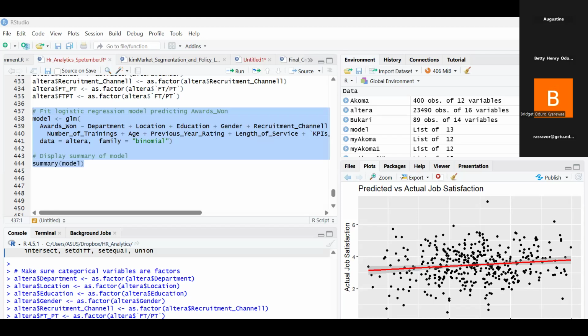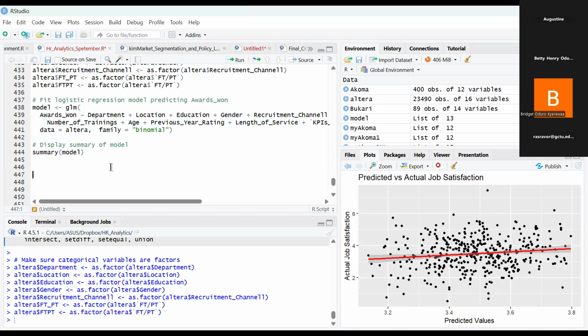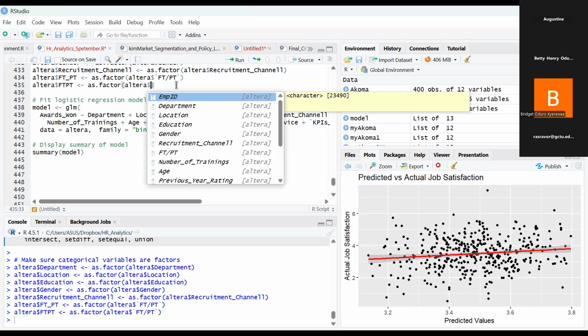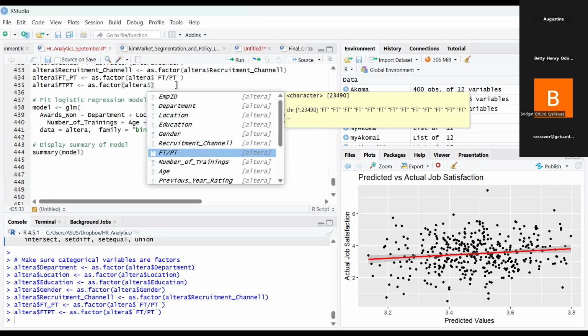Yeah, but please listen. Whenever you type a command, what you have there is not correct because look at this. When you get to Altera here, please look at the bracket here. Once you put the dollar sign, automatically scroll down to select how it's presented here. Not you typing.